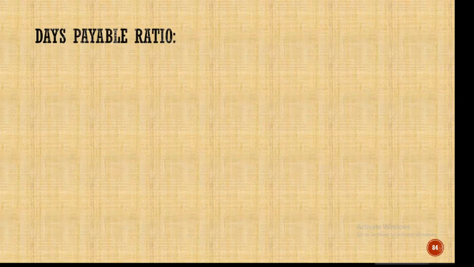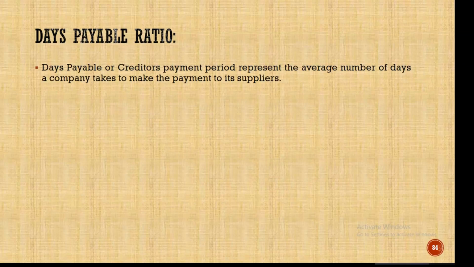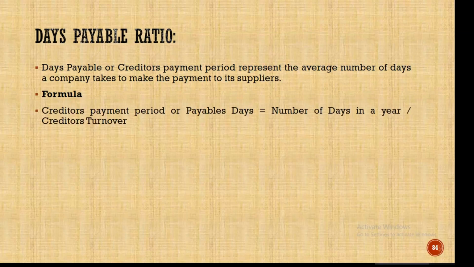Days payable ratio. Days payable or creditors payment period represents the average number of days a company takes to make the payment to its suppliers. Formula for that: creditors payment period or payable days is equal to number of days in a year divided by creditors turnover.